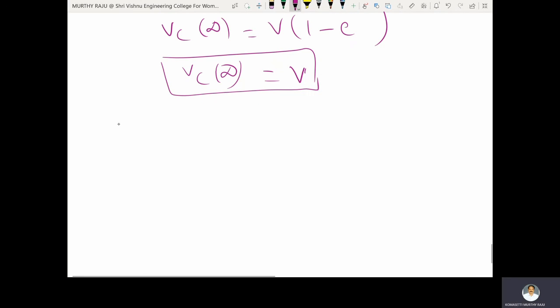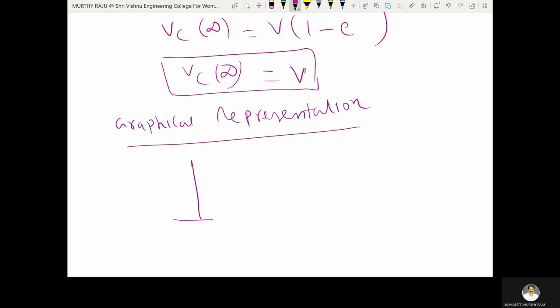Find out the graphical representation. This is the time versus Vc of t, that means V into 1 minus e power minus t by RC.